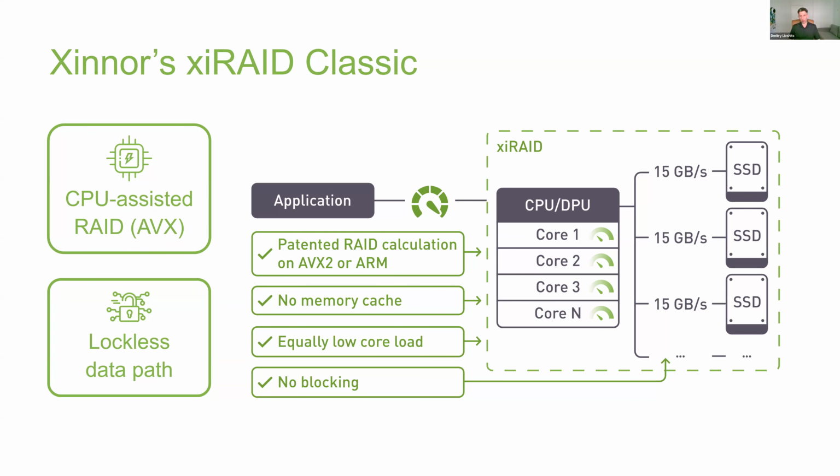The second flavor of our product is a user space data protection engine, where we provide not only local data protection, but also distributed erasure coding, as well as distributed NVMe over Fabrics support on both the target and initiator side.